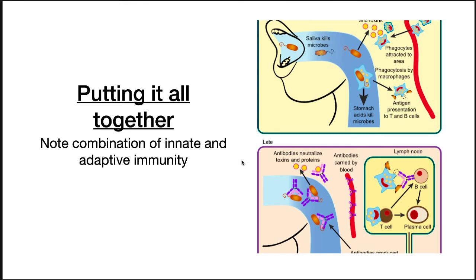Okay, finally, and the last thing, we're going to put it all together. Please go and read section 16.5 of the textbook to get an idea of the entire process. This goes through this in high detail, and I don't want to do it here. You can do it there. It describes an infection by Streptococcus pyogenes.